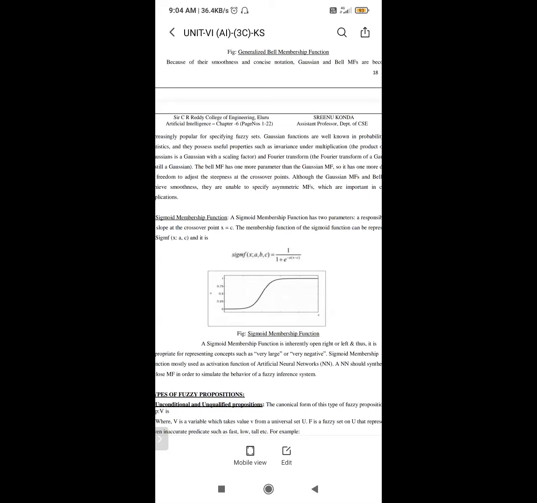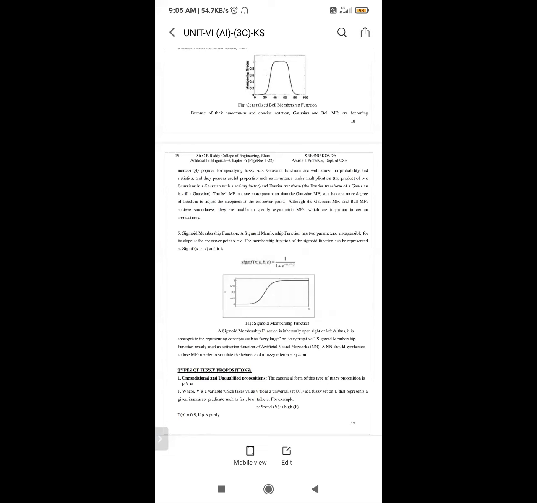This particular sigmoid membership function is inherently open right or left, and thus it is appropriate for representing concepts such as very large or very negative. Open right means very large, open left means very negative. Next, this function is mostly used as the activation function of artificial neural networks, that is ANN.